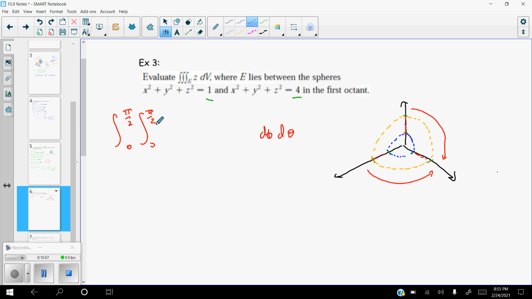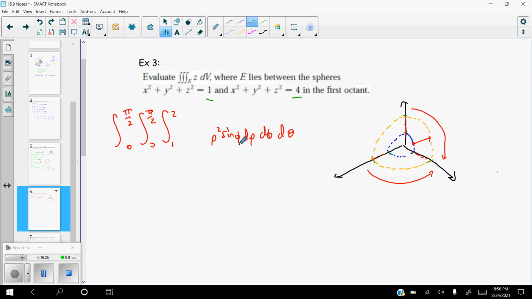And then we know the radius. Now the radius is in between the two spheres, so it's going to go between here and here. So the radius goes from 1 to 2. And that's my d rho. Don't forget you've got your conversion factor, rho squared, sine phi.